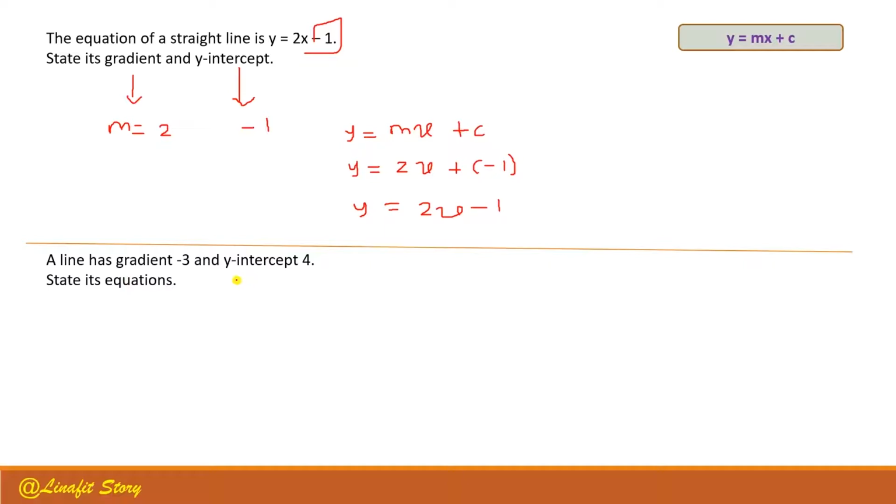State its equation. The gradient is negative 3 and the y-intercept is 4. y is equal to mx plus c. So y is equal to negative 3x plus 4.